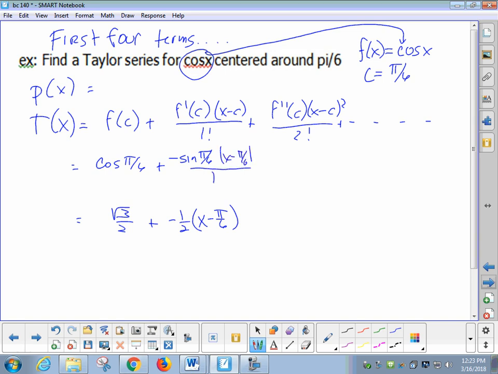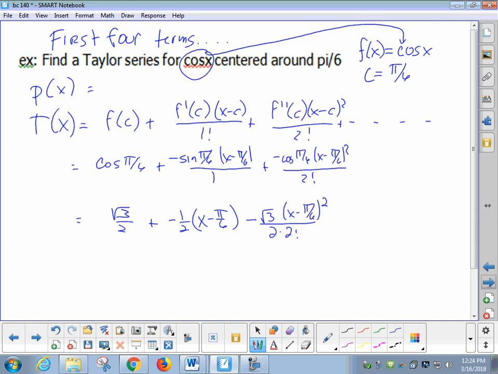That wasn't really necessary. What's f double prime? Negative cosine of pi over 6, x minus pi over 6 quantity squared over 2 factorial. So what is that looking like? Negative root 3 over 2 times 2 factorial, x minus pi over 6 squared. Track it?